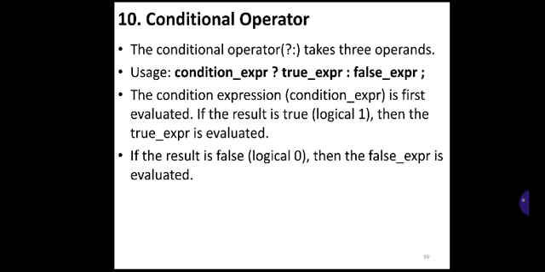False value means logical 0. If the condition is evaluated and comes out true, or logical 1, then the true expression is evaluated. If the condition is false, then the true expression will not be evaluated. It will directly jump to the false expression and that will be evaluated.